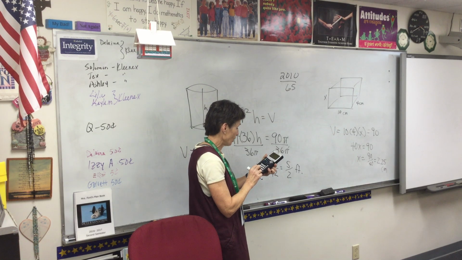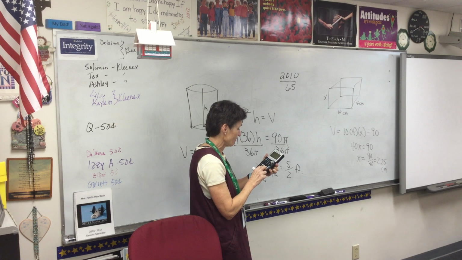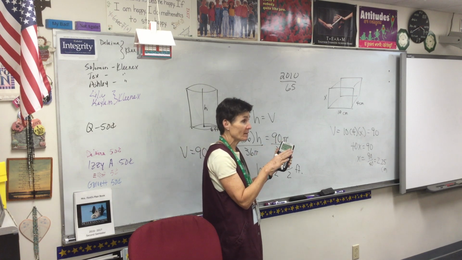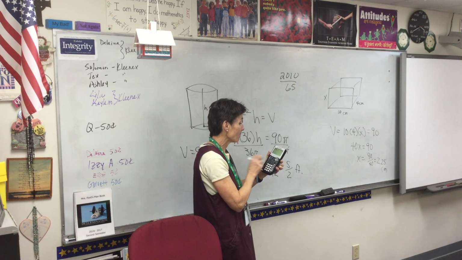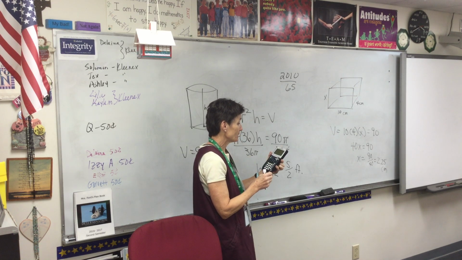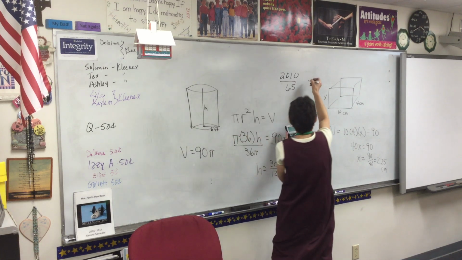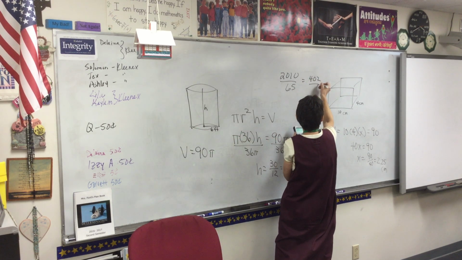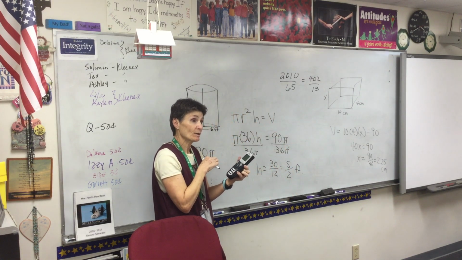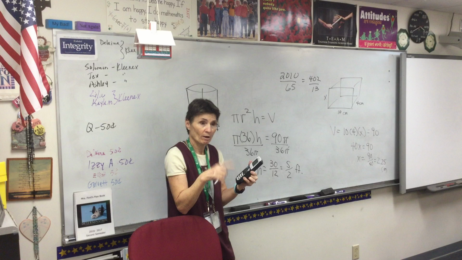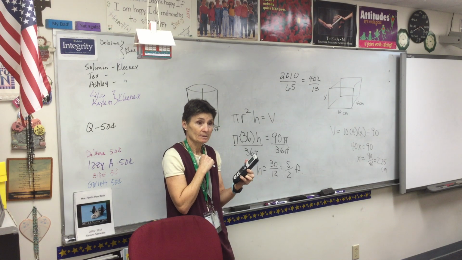Just press 2010 divided by 65 and see how it gives you that big ugly decimal. We don't want that decimal, so you just hit math and enter a couple of times, and this reduces to 402 over 13. So you can still have your exact answer without doing all of the arithmetic by hand.